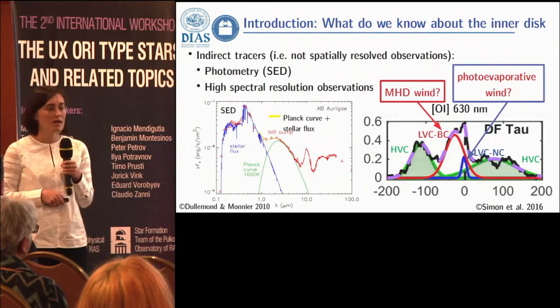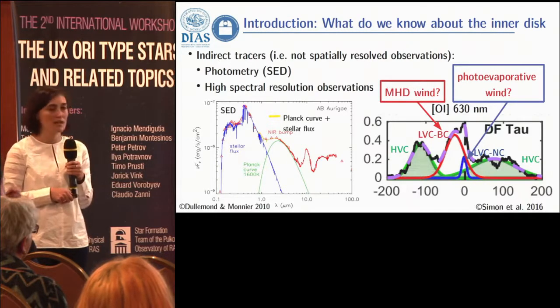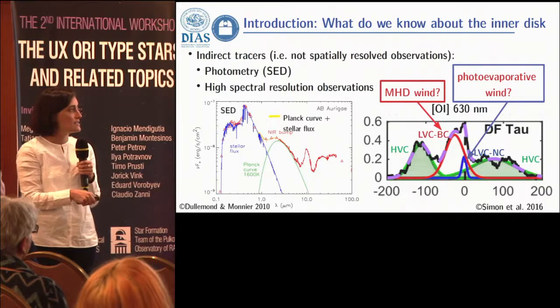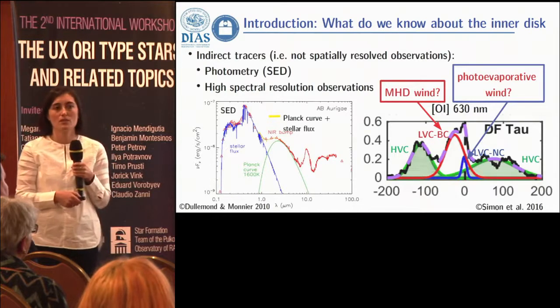Lines like the oxygen forbidden line at 6300 angstrom are characterized by complex profiles, and sometimes you see that the low velocity component can be decomposed into a broad component and a narrow component that is associated with the presence of winds.